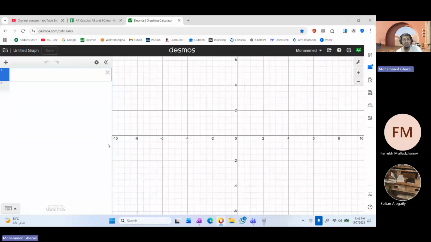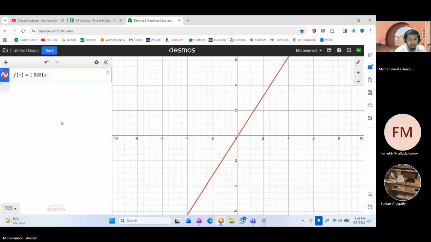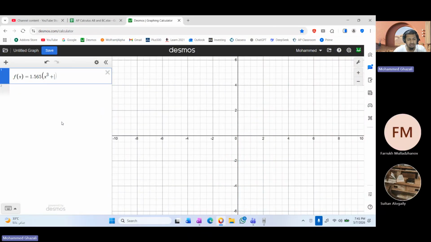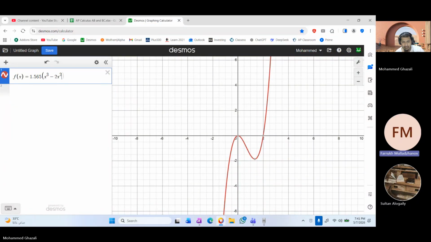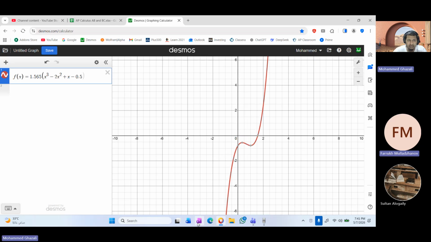So 1.565. I'll make it into a function. 1.565, open bracket, x to the power 3 plus x squared. Forgot what it was. Minus 2x squared plus x minus 1/2, minus 0.5.